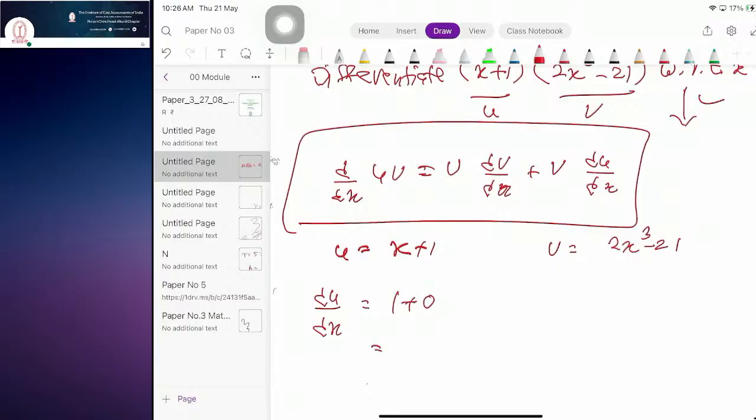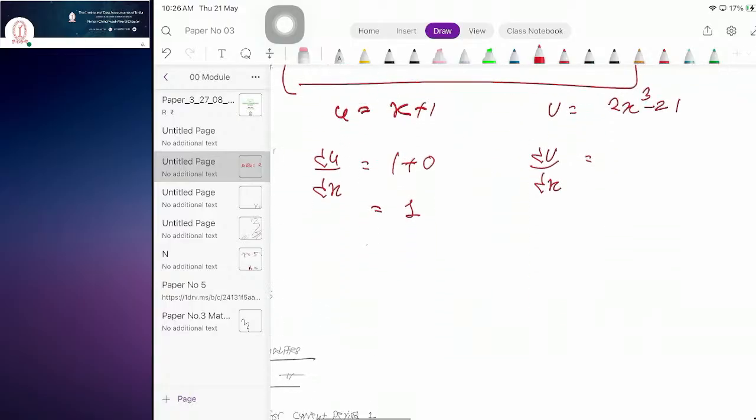So du/dx is 1. Now dv/dx: 2x cube gives 2 multiplied by 3x square as per the rule, minus 0 because a constant doesn't have a derivative. So that will be 6x square.